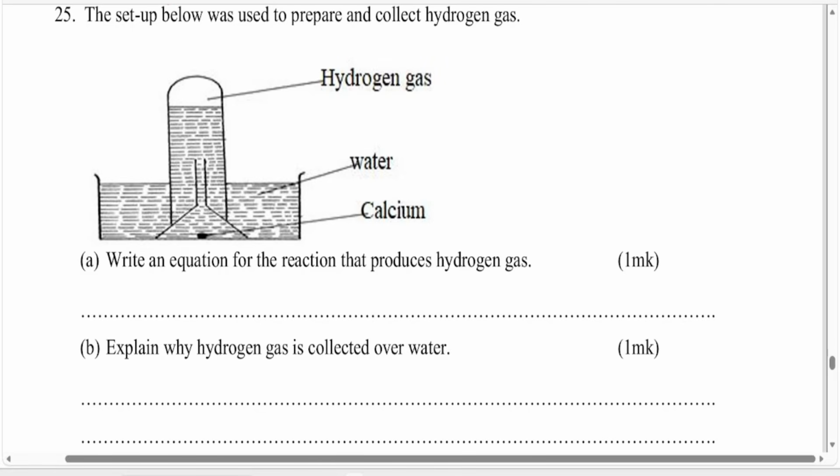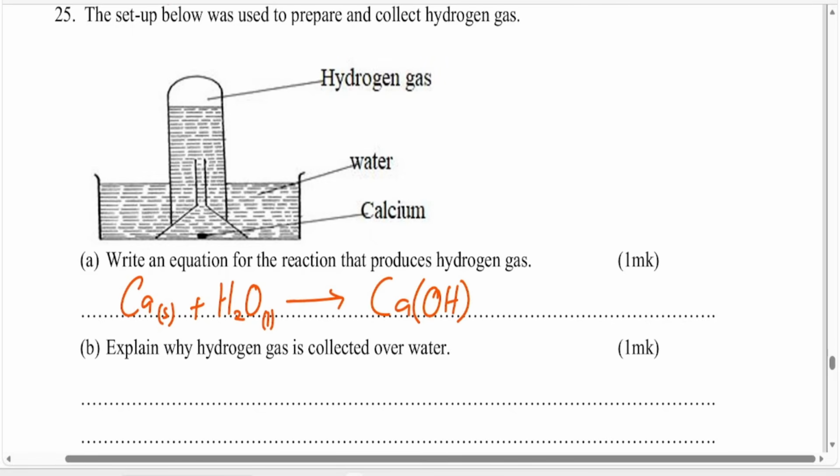So we write an equation for the reaction. In this case, we are reacting water and calcium. The reactivity of metals with water, that's what we are looking at in this question. So we write an equation for the reaction that produces hydrogen gas. We are reacting calcium solid plus water, which is liquid, and we obtain calcium hydroxide.